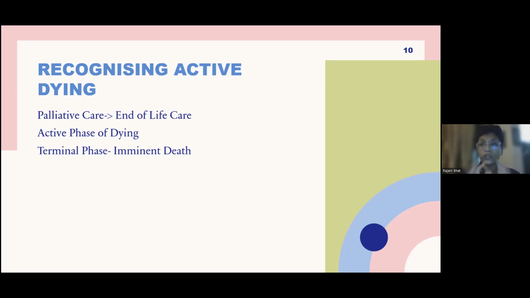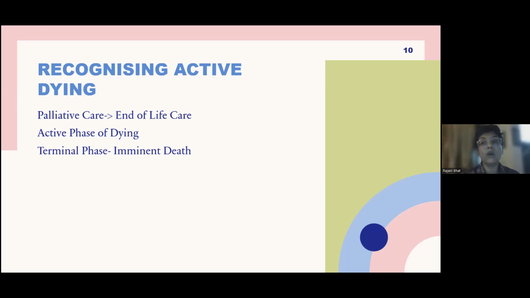All their energy is just survival. So they start eating less, they start speaking less, they start sleeping more and more and more. It's not like they're unarousable, it's just that they are that exhausted. So that is one of the ways that we can recognize the active phase of dying. So if that is happening in a patient who you know and have recognized from the surprise question that this patient is going down, their oxygen requirement increases.